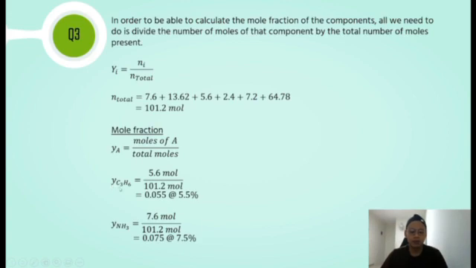So YC3H6 is equal to 5.6 mol over 101.2 mol. So the answer is 0.055 or 5.5%. For NH3, YNH3 is equal to 7.6 mol over total mole, 101.2 mol. So we get the answer 0.075 or 7.5%.